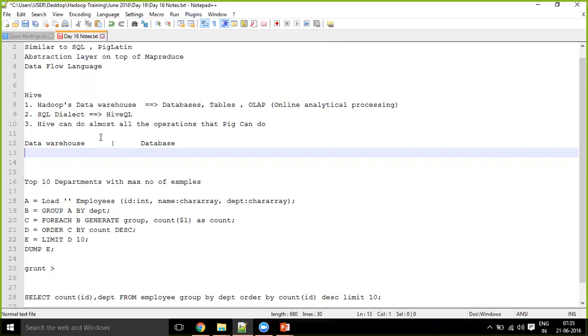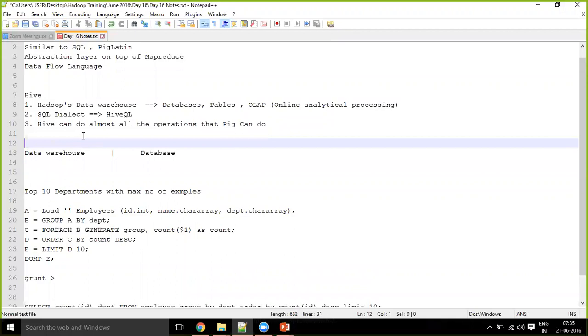Okay. So to discuss the data warehouse concepts, we can segregate them two ways. Data warehouse is purely related to the data warehousing concept, not something new in Hadoop or Hive.